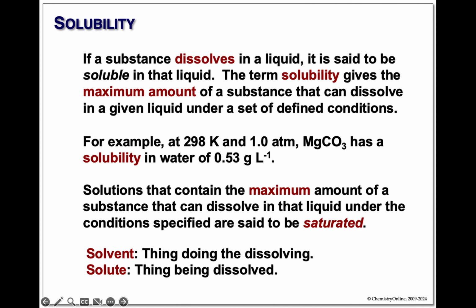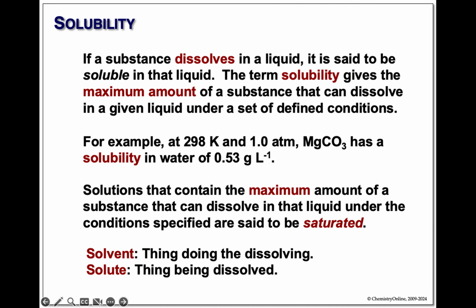Magnesium carbonate, for example, at roughly 298 Kelvin, that's room temperature, 25 degrees, the solubility is 0.53 grams per liter. So we can take magnesium carbonate at room temperature and dissolve about half a gram in a liter of water.